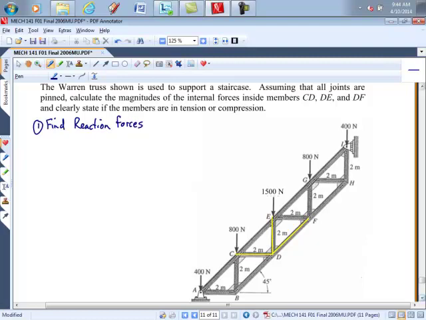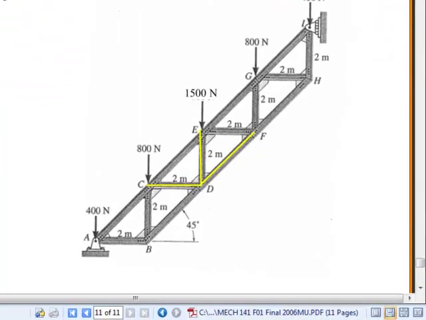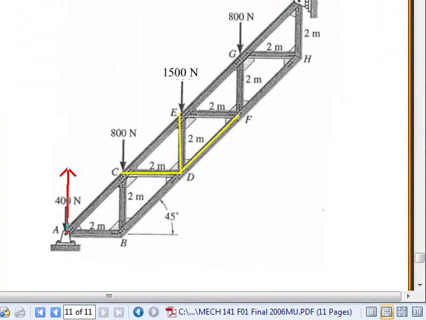All right, what's the nature of the reaction forces at A and at I? Right, so A is going to have a Y and an X. And I is a pinned joint, but the pinned part here is now on rollers, so it can only be normal to the surface of contact.